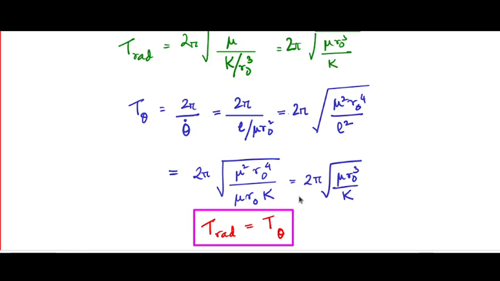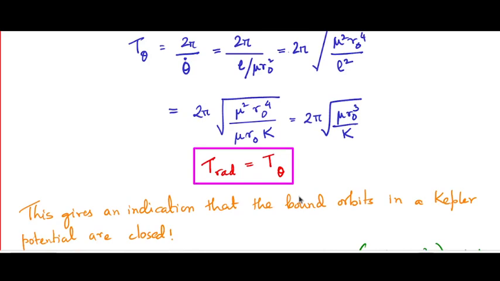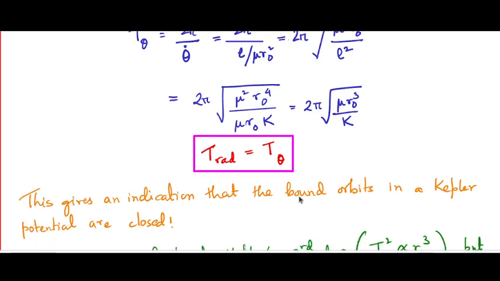And this hints strongly that what we have here is a bound orbit, which is closed. That is, it starts and ends at exactly the same point. The equality of these two time periods tells us that.